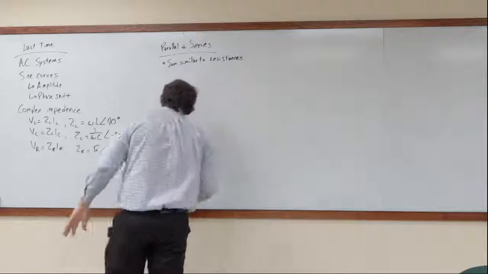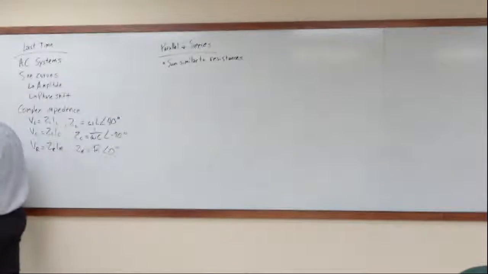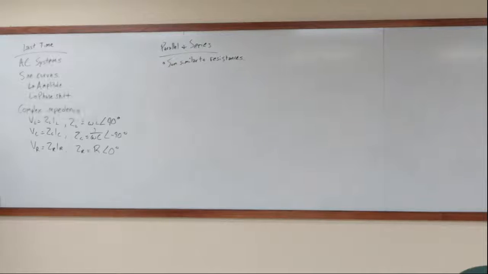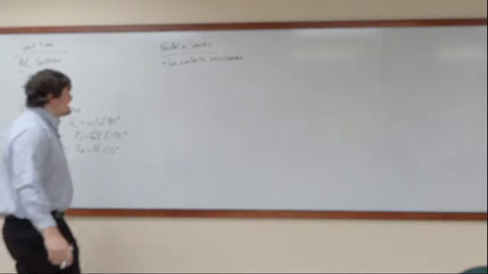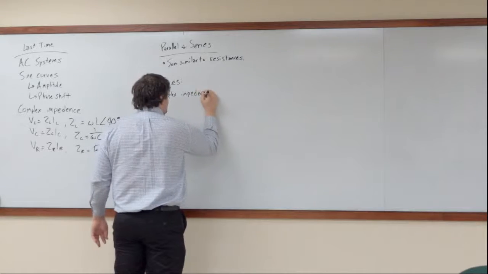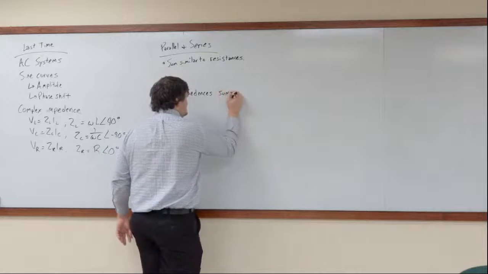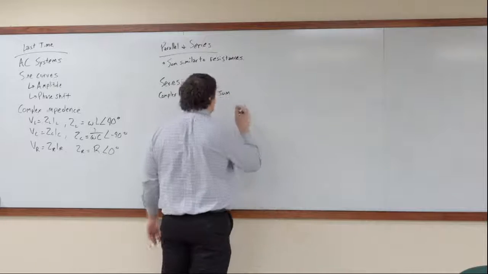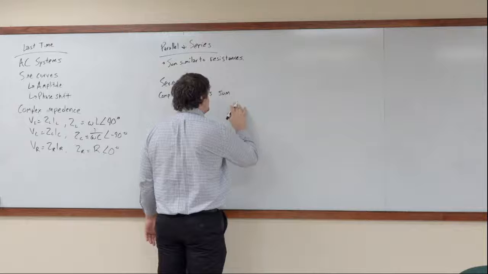Okay, so we're specifically defining these terms in order to be able to add them in the way that a resistance would be added. So what does that mean? Well, it means in series, the complex impedances sum, just sum.